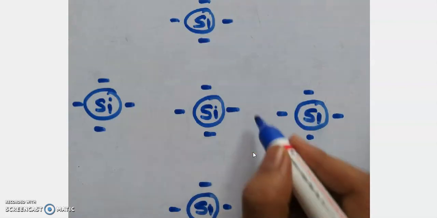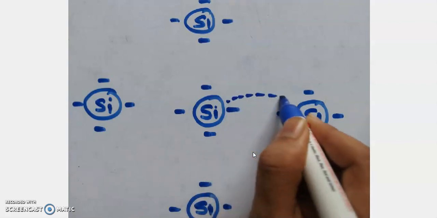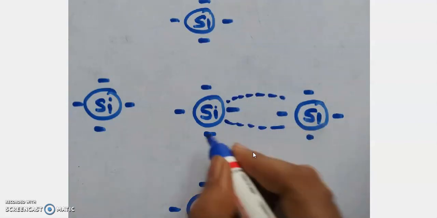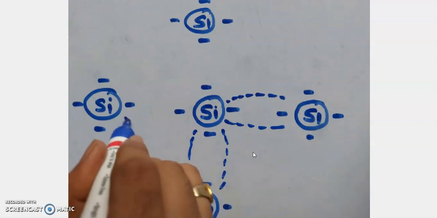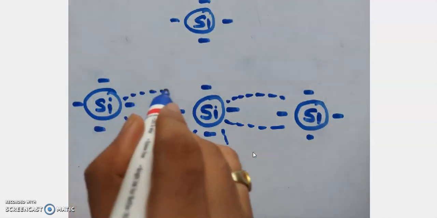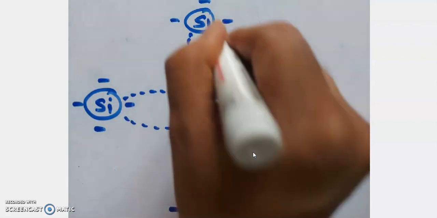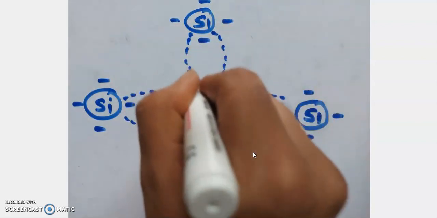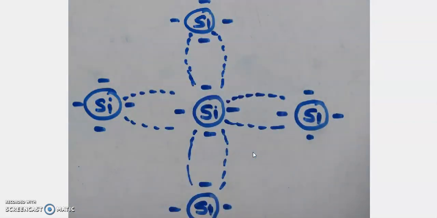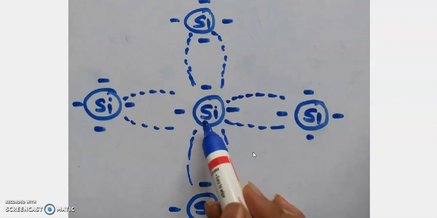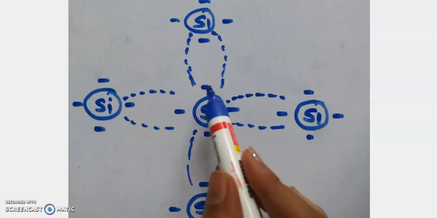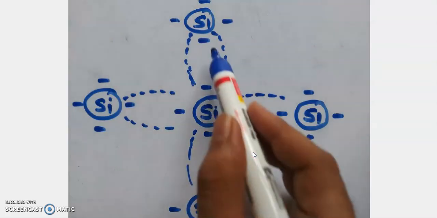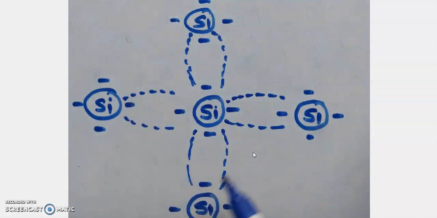The electrons will either start accepting or donating because they want to become a complete element. So the electrons will be shared with the neighboring atoms. The silicon will start accepting and donating electrons, and right now I can see this silicon atom is having 1, 2, 3, 4, along with 5, 6, 7, 8.